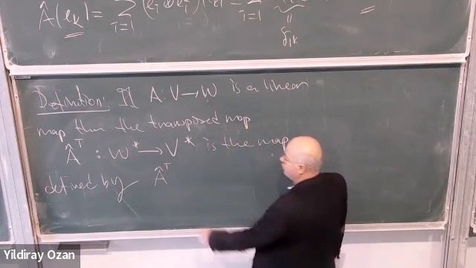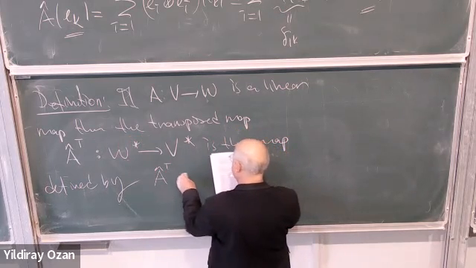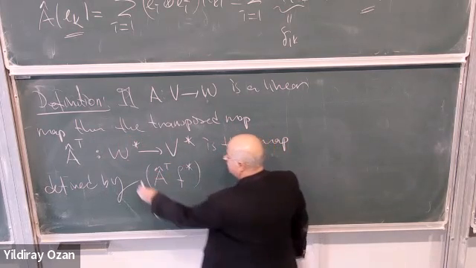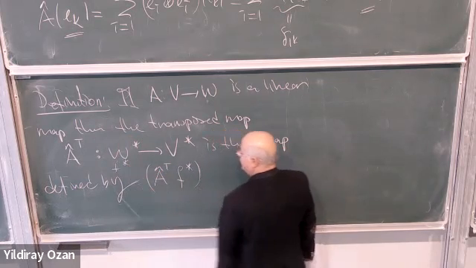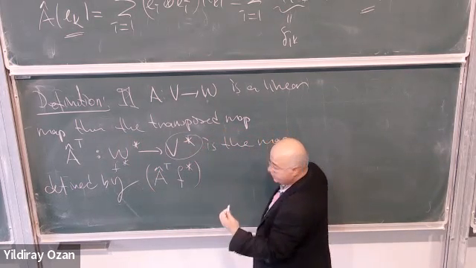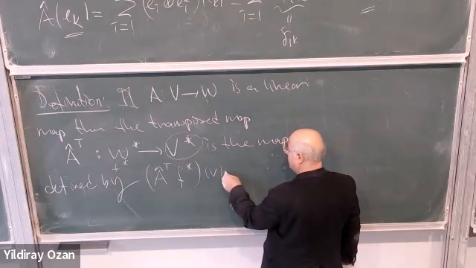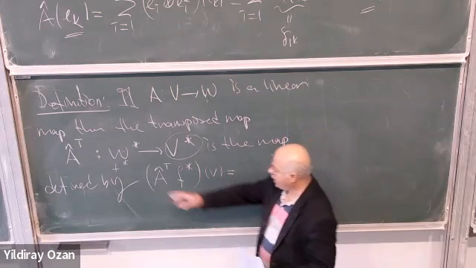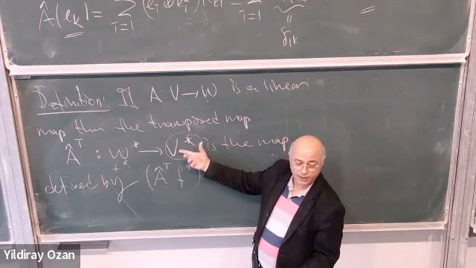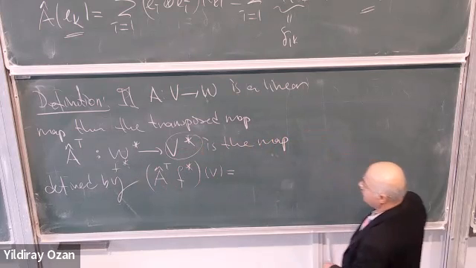So whenever you give me a vector in W star, let's say f star, then its image is a vector in V star. So it's a covector, therefore it eats vectors. Değil mi? Buraya f star koyduğumda bu nesne V star'da. V star ne demek? V'deki vektörleri yiyor. O zaman benim size bu vektörü nasıl yediğini söylemem lazım.